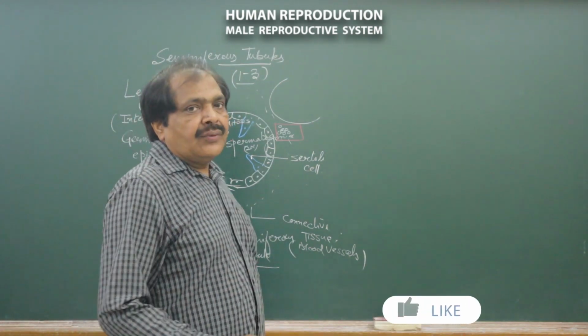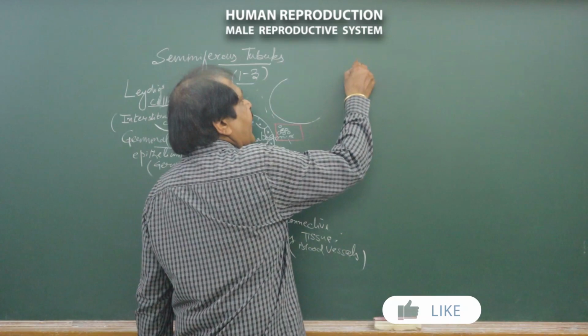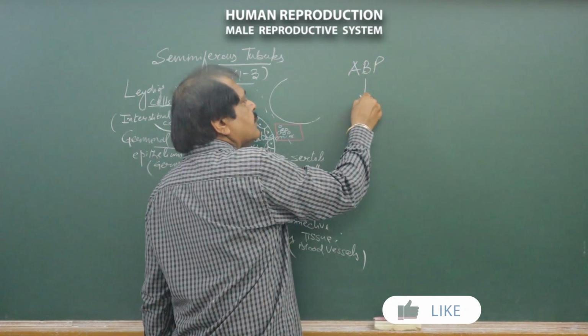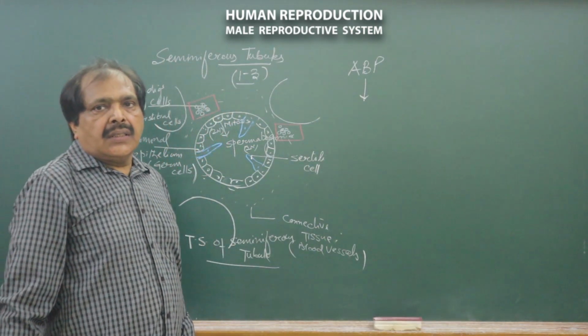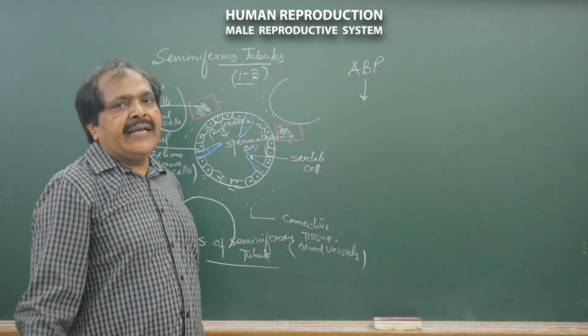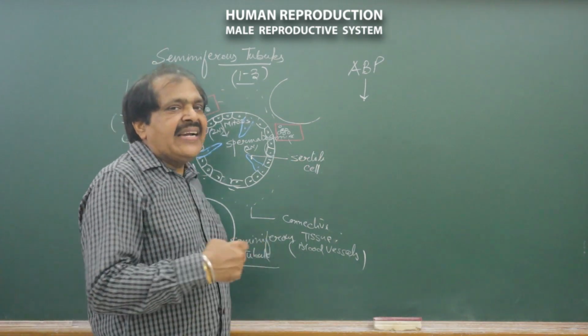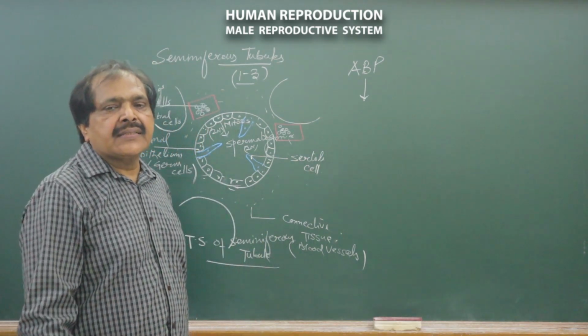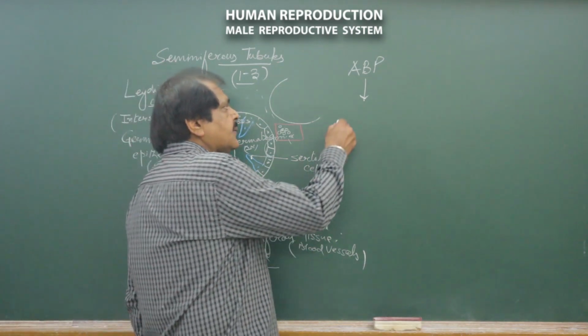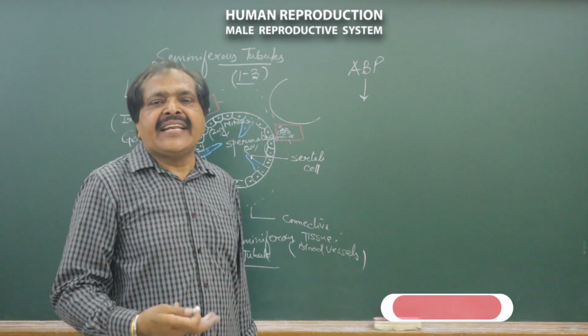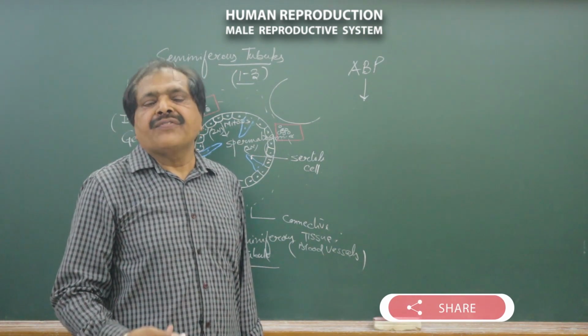Now just write down the function of androgen binding protein. This androgen binding protein binds with the seminiferous tubules and increases the concentration of testosterone.